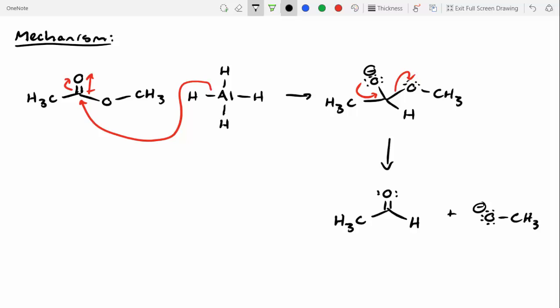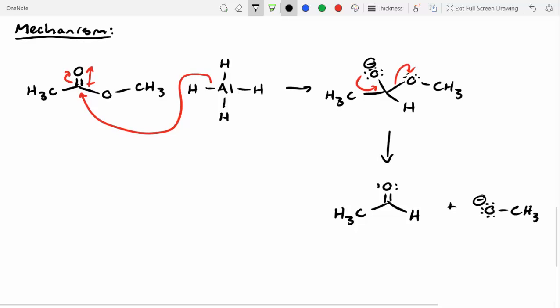Okay, now that we've got this aldehyde formed, it will immediately react with another equivalent of lithium aluminum hydride. So let's draw in our second equivalent. Oops, sorry, I forgot my negative charge on the aluminum.